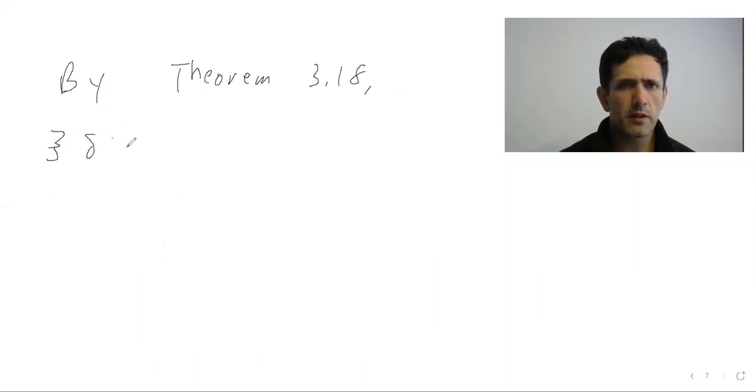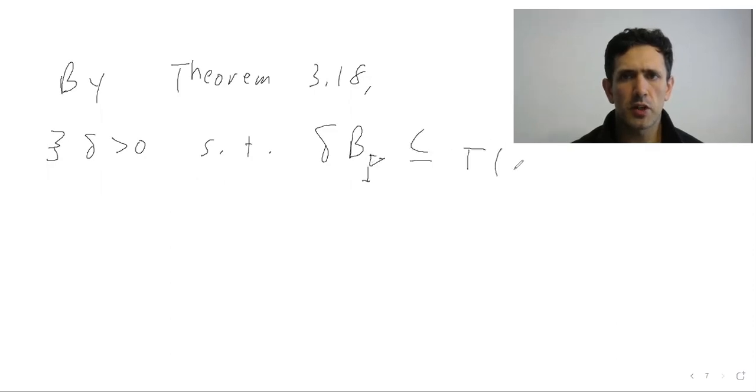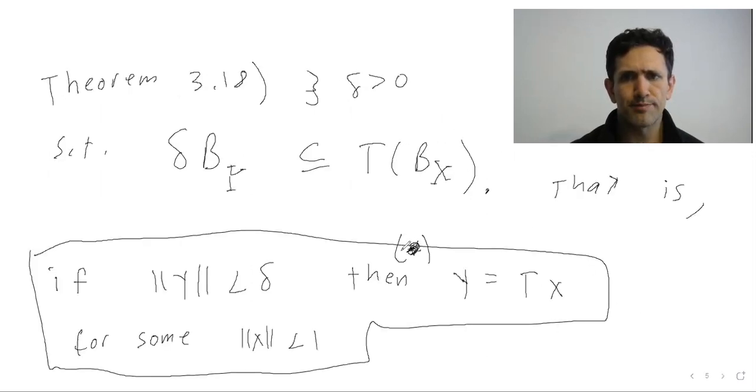So we can pick delta bigger than 0, where delta times this ball here is a subset of the image of the unit ball, center 0, in X. Particularly, this notation here is a little more transparent, I guess, than this formulation.